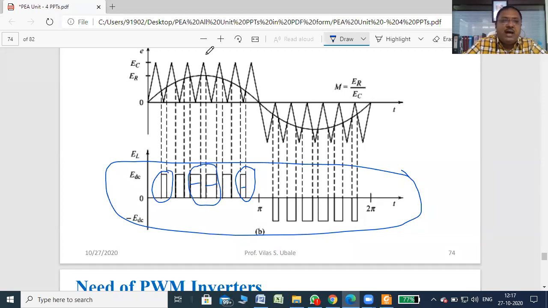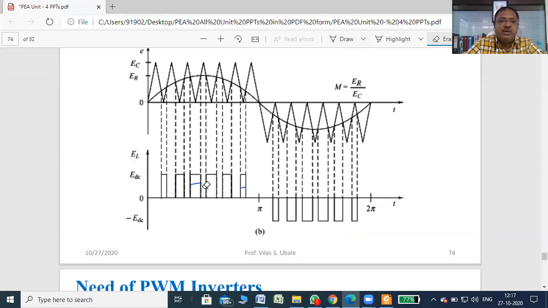So it depends upon the amplitude of the reference signal. As the amplitude of the reference signal decreases, you will get lower width output pulses. As it increases, you will get higher width pulses, right? So this is actually pulse width modulation.